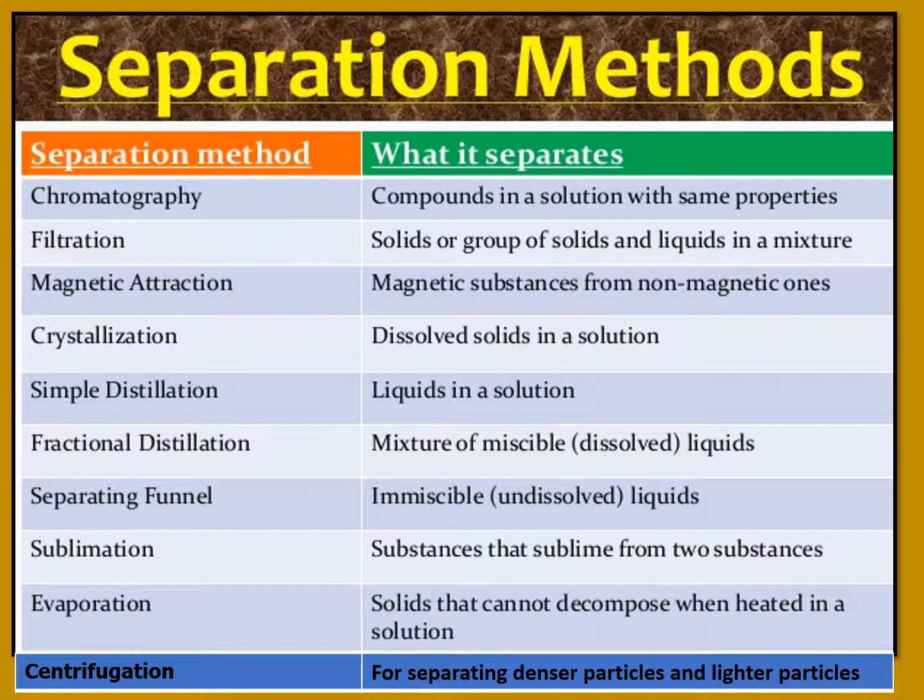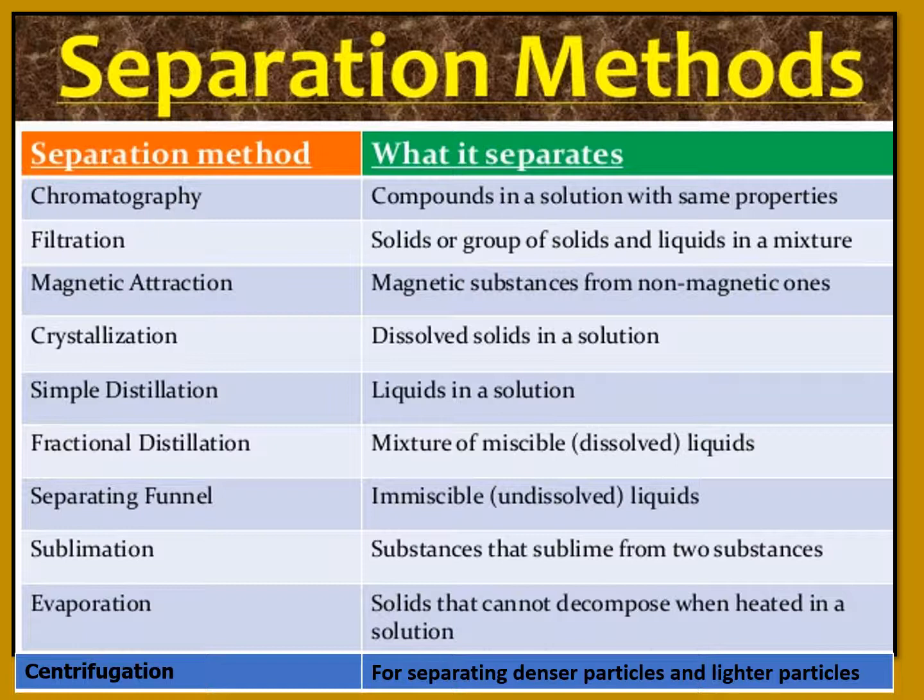Fractional distillation is used for separating a mixture of miscible liquids, means a mixture of those liquids which mix among themselves, which are dissolved in each other. Separating funnel is used for immiscible liquids, or we can say undissolved liquids.